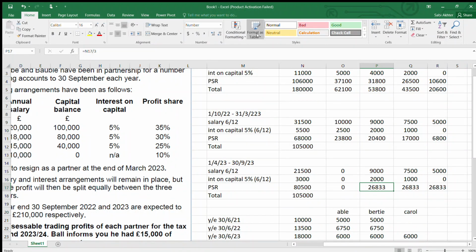So it is 26,834. We'll keep this as 34. Okay, done.